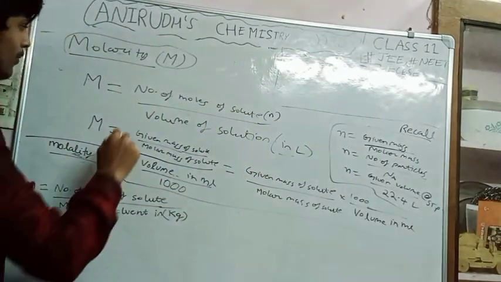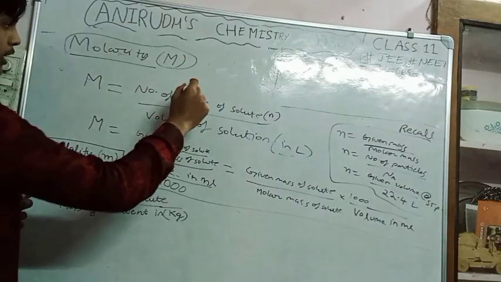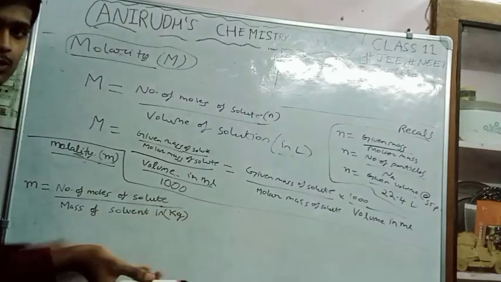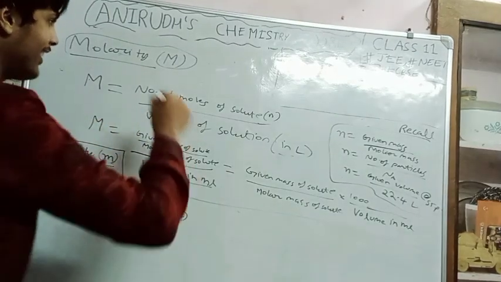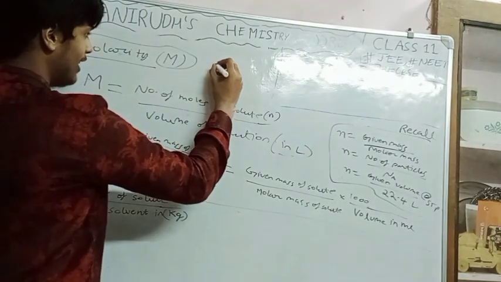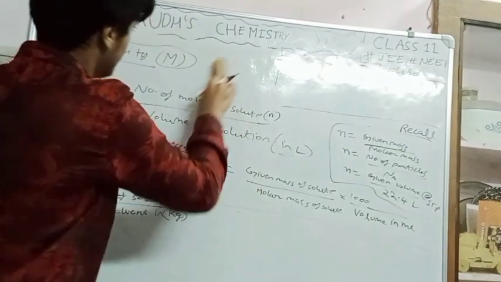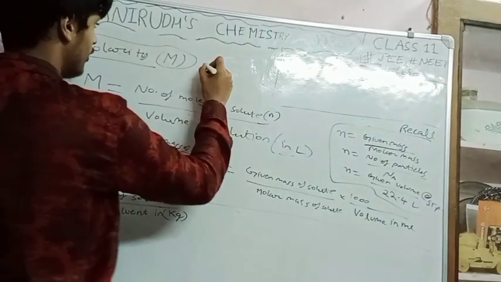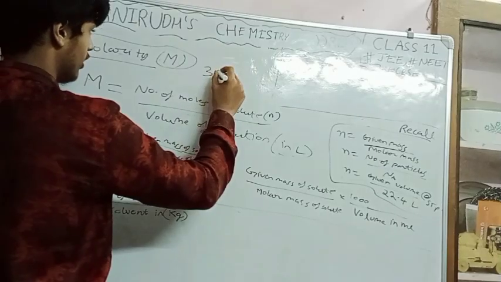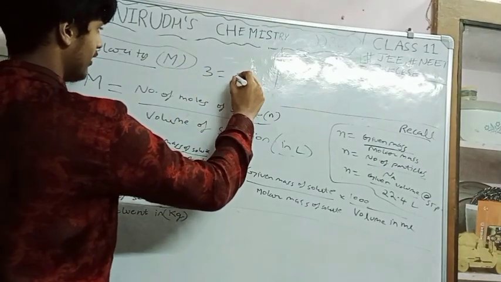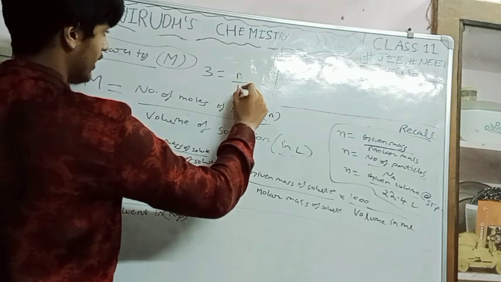The examiner who wants to set the paper will not give substitution based questions, like if n is not given, volume is given, M is given, so you just substitute. No, not like that. Suppose you have a 3 molar solution, and moles of solute are not given, and volume is given as 4 liter.